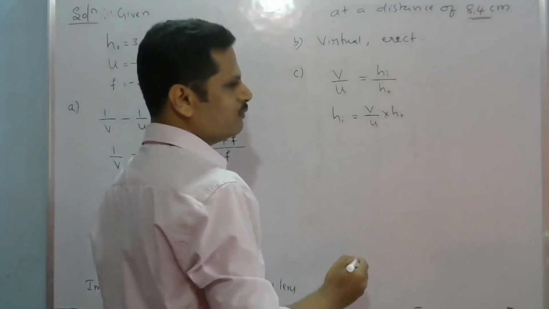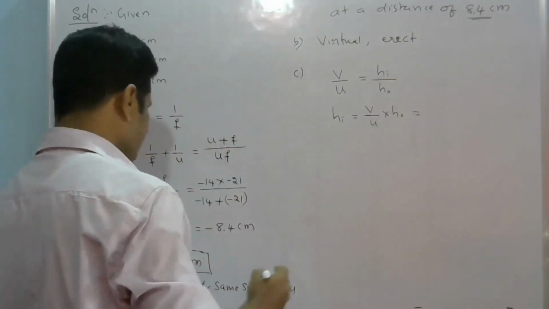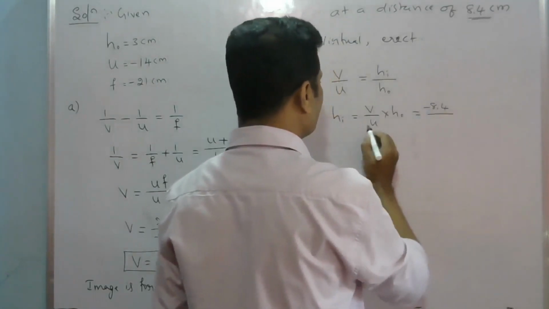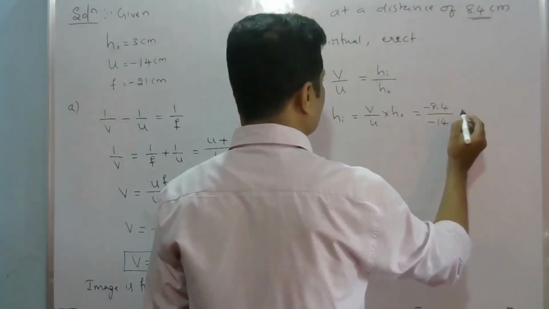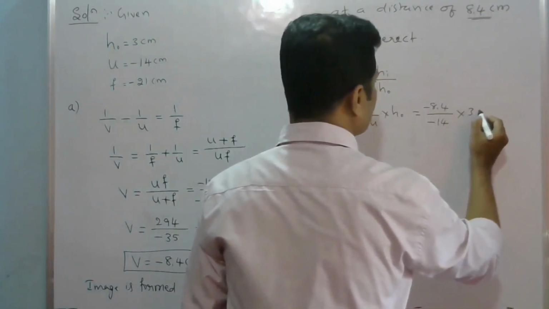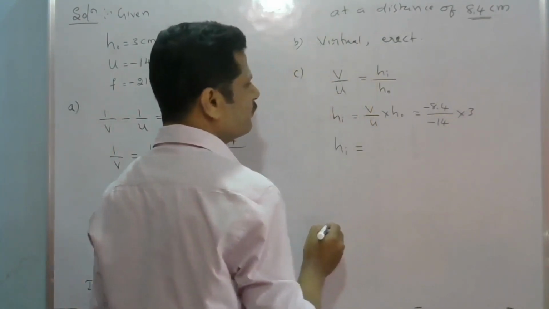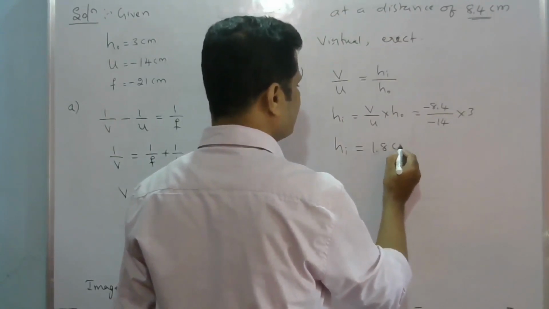Substituting the values, V is minus 8.4, U is minus 14, and the height of the object is 3 centimeter. Simplifying this, we get the height of the image equals 1.8 centimeter.